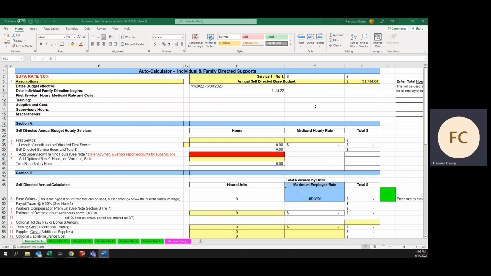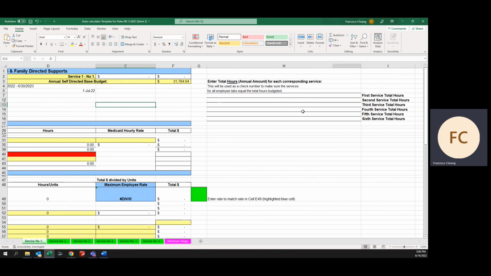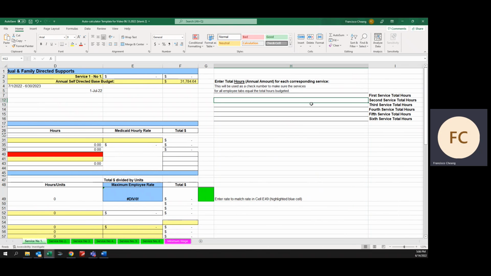Okay, so now that we have that established, we're going to go over to our row H right here, which again, doesn't impact any calculation. This is part of your assumptions, the services that you want to keep organized that you're going to be self-directing.